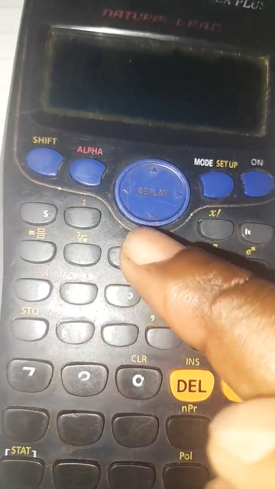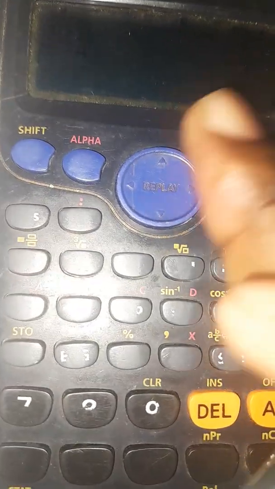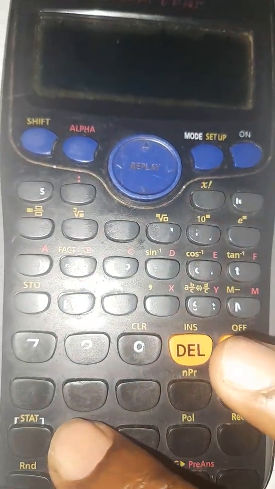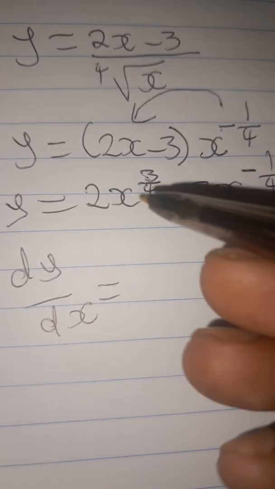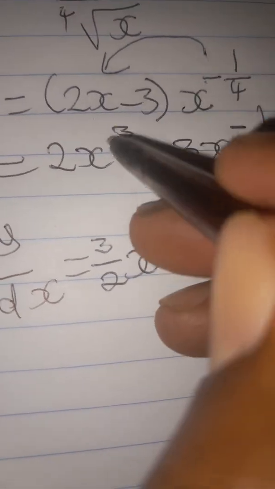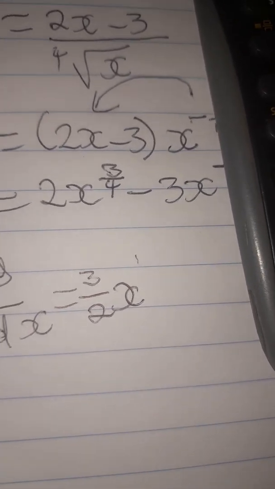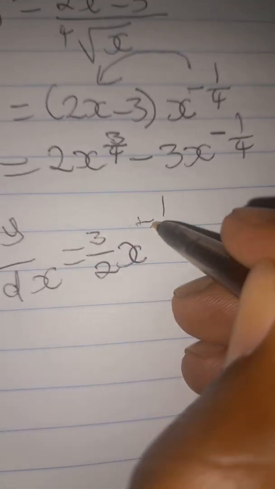I did put 8 there by mistake, that should be 3 there. That will be 3 all over 2 x, and then the power 3 over 4 minus 1, that will be negative 1 over 4 there.